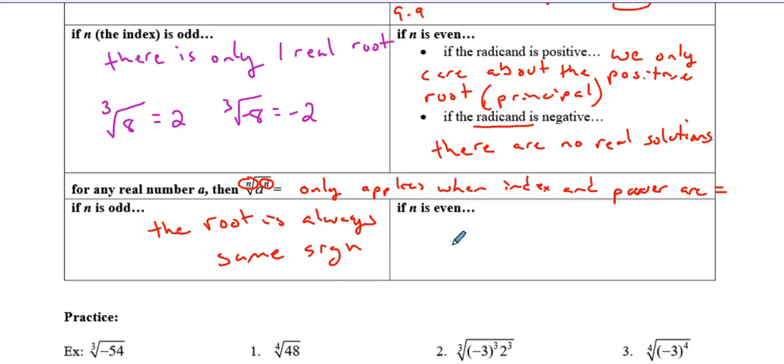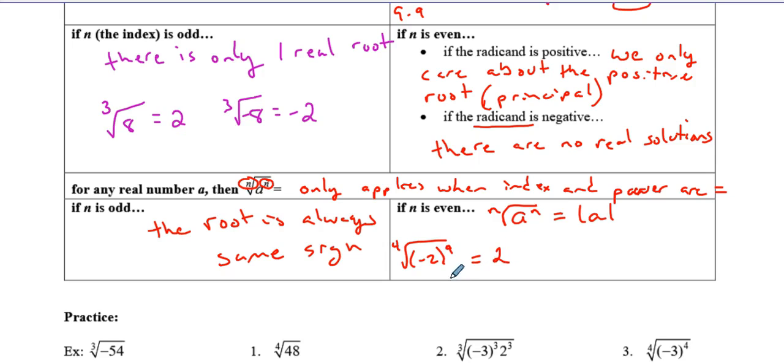All right. Now, the special case here is if n is even, then we're always going to have a, right? The nth root of a to the nth power will always be the absolute value of a, right? So what does that mean? If I'm taking the fourth root of -2 to the fourth power, we see how the index and the power are the same.